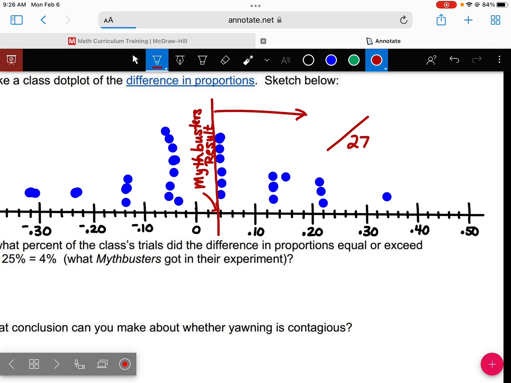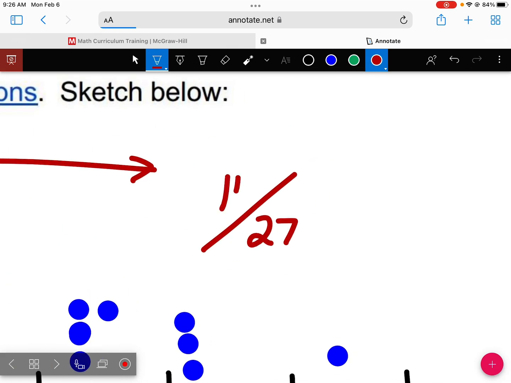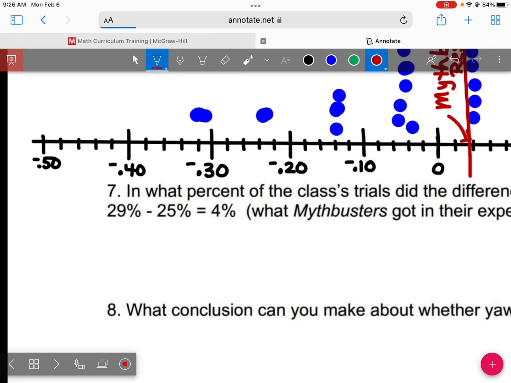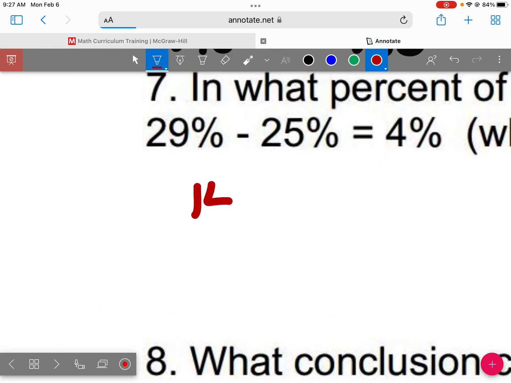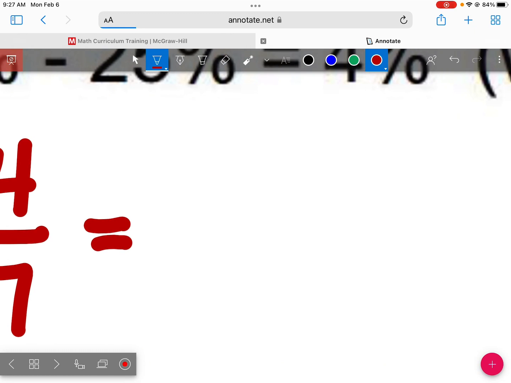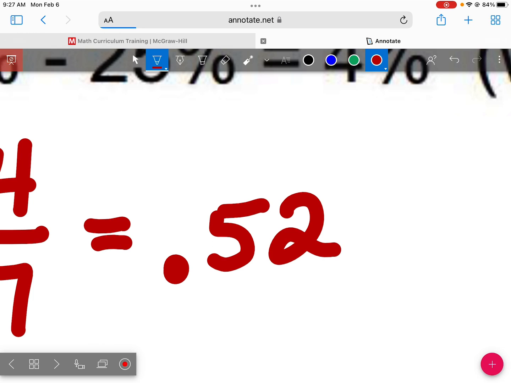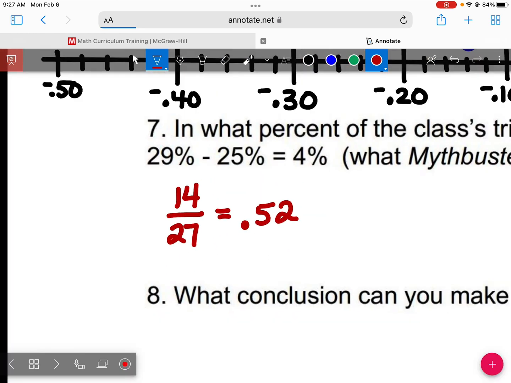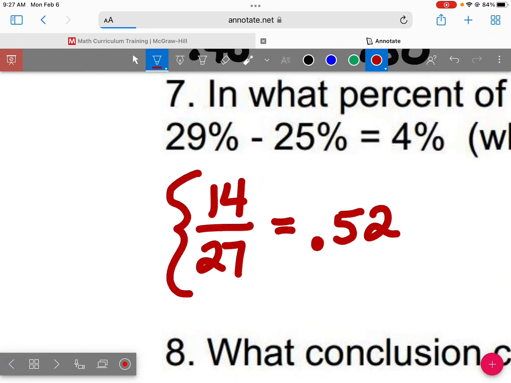I got 14. Okay. So 14 out of 27. What is that as a decimal? 0.52. This is our p-value.